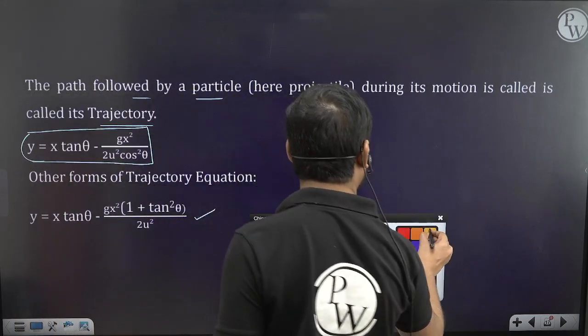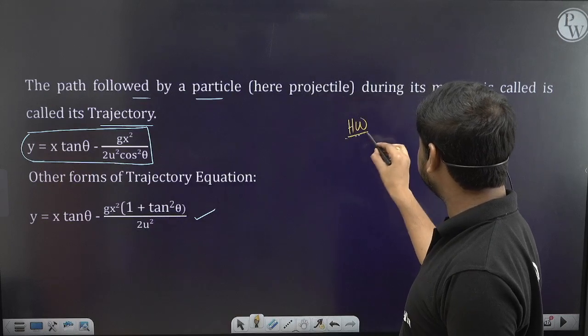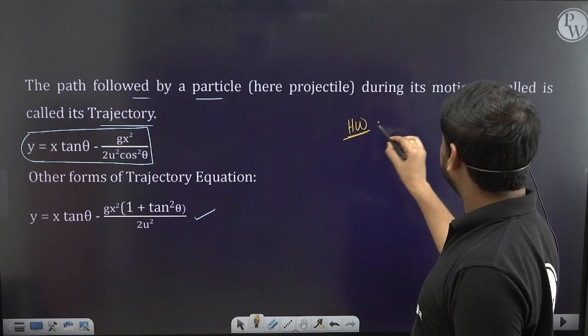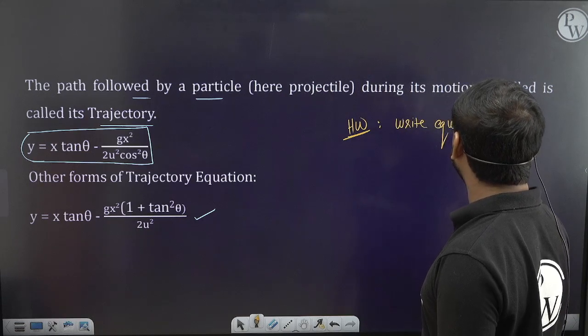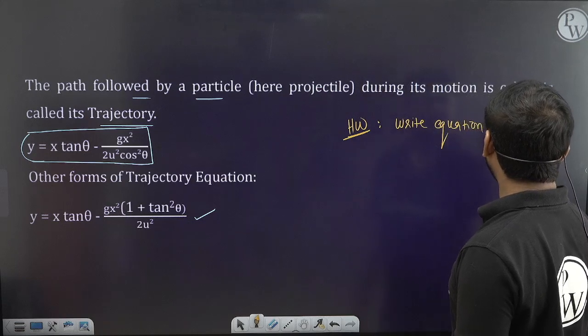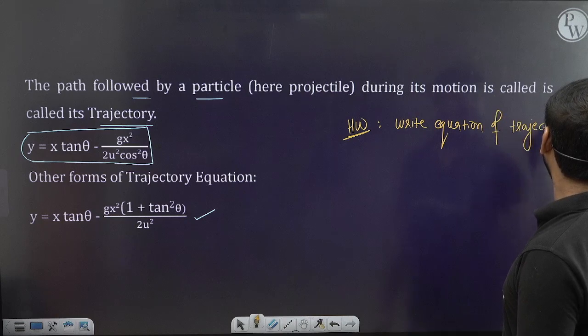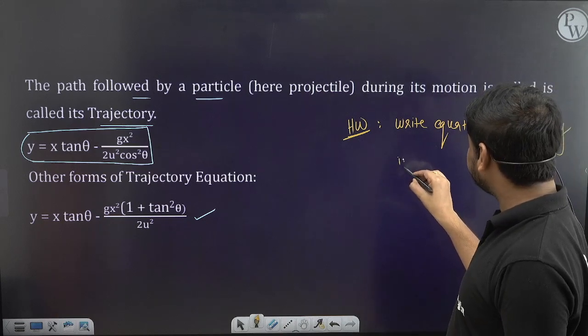Now I am giving you the homework for the next class. The class is not over yet. See here: write the equation of trajectory in terms of range.